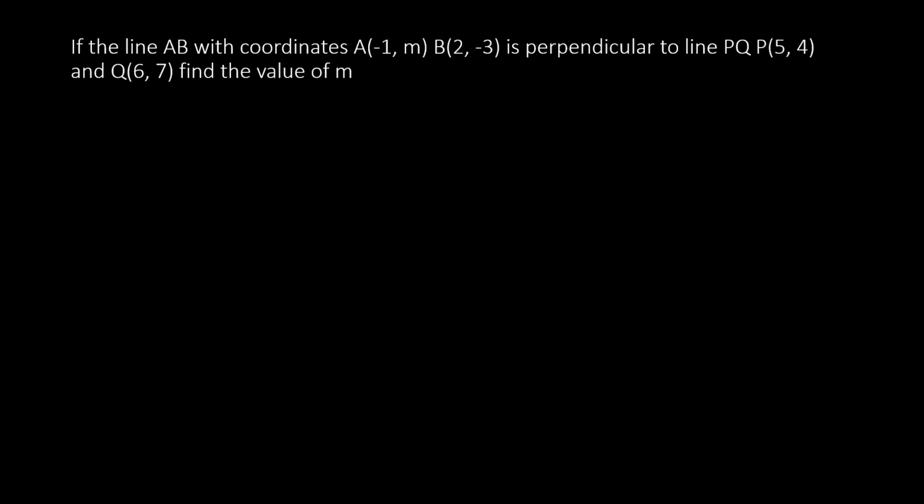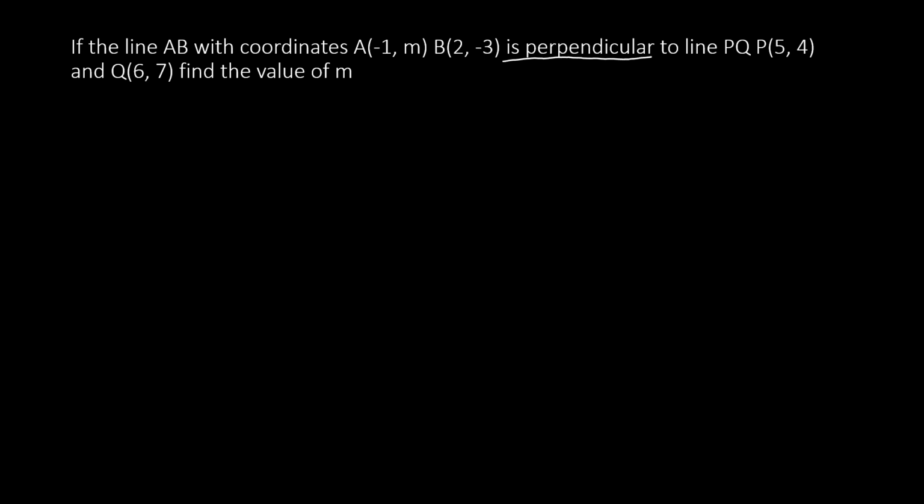The second question we have here is this. The question states, if the line AB with coordinates A(-1, m) and B(2, -3) is perpendicular to the line PQ, P(5, 4) and Q(6, 7), find the value of m. We have to find the value of m from this question. And we are given that line AB is perpendicular to line PQ.